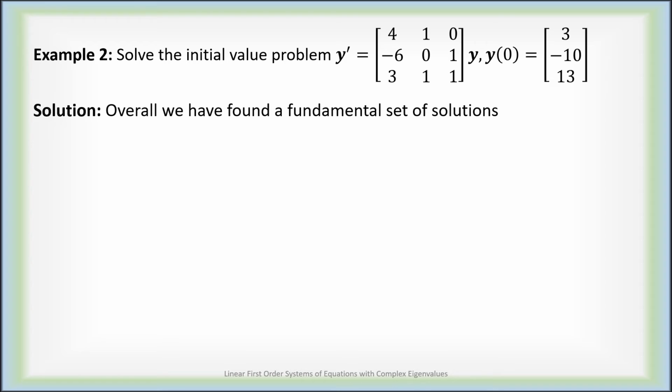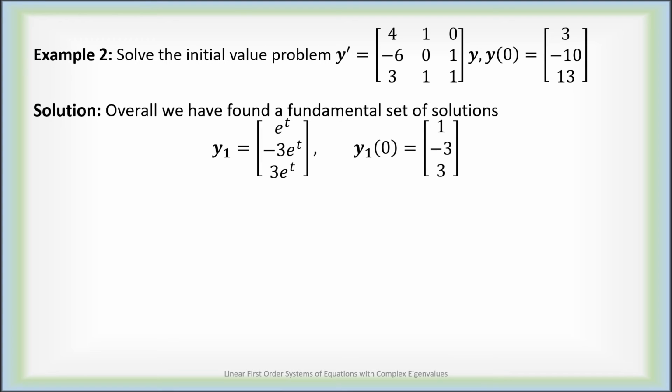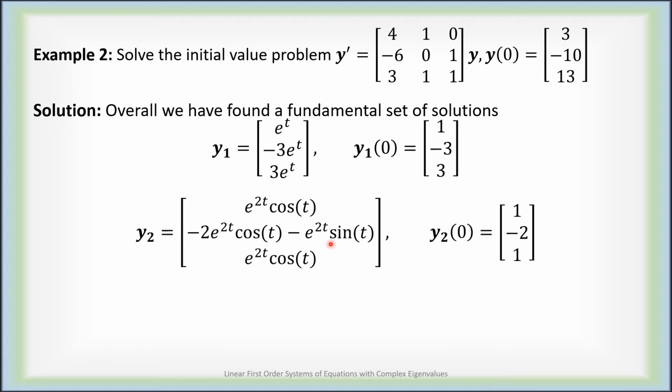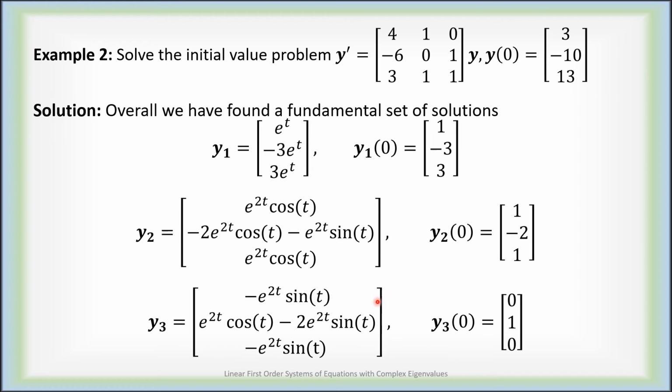So we have now found a fundamental set of solutions. Y1 was given by this column here. Its initial conditions, if I plug in at t equals 0, give me 1, minus 3, 3. Y2 was this column here. If you go ahead and set t equals 0, it will give you this column. And Y3 with its initial conditions.